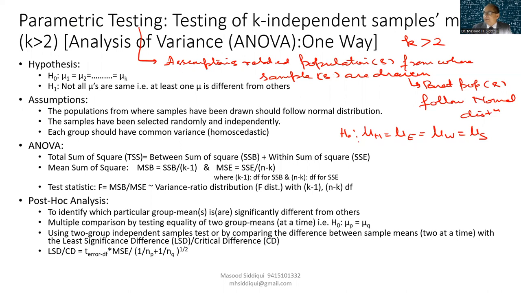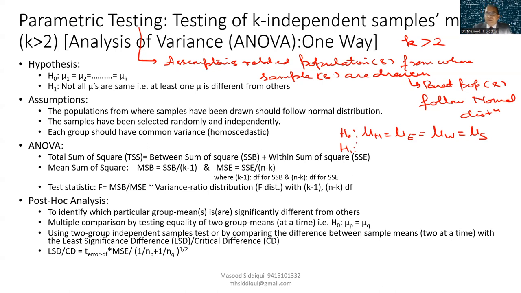So we are examining. Now, for H1, since H1 is opposite to the null hypothesis, opposite doesn't mean that all must be unequal. It is not necessary that mu n is not equal to mu e is not equal to mu w is not equal to mu s. It is not necessary that all would be different.